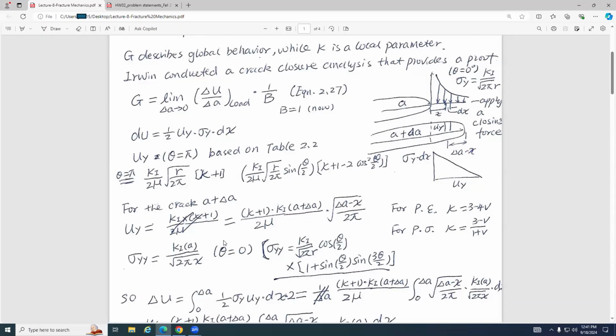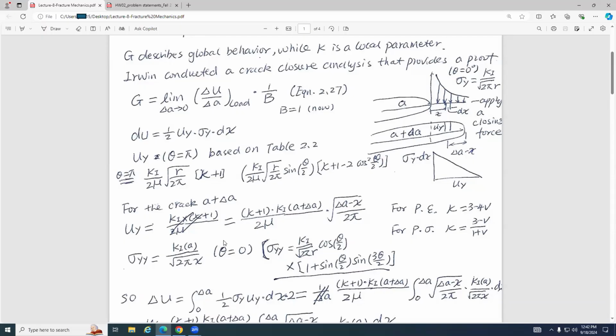But here, I want to calculate this guy, okay? So for this guy, I need to use this as my crack tip. You understand? This is my crack tip. The distance between this point and my crack tip equals delta A minus x, because I establish x this way. So this is my R in this equation.